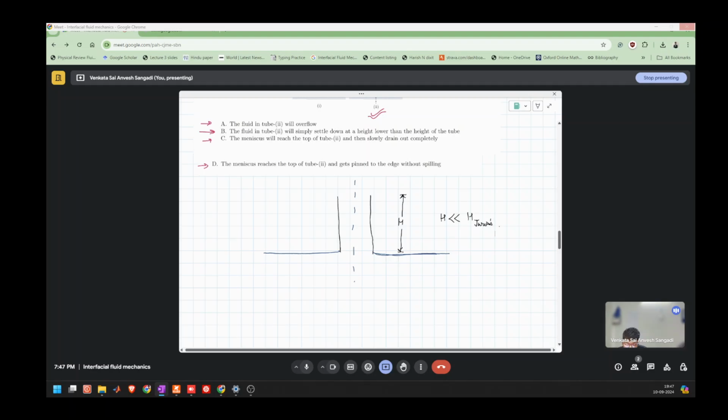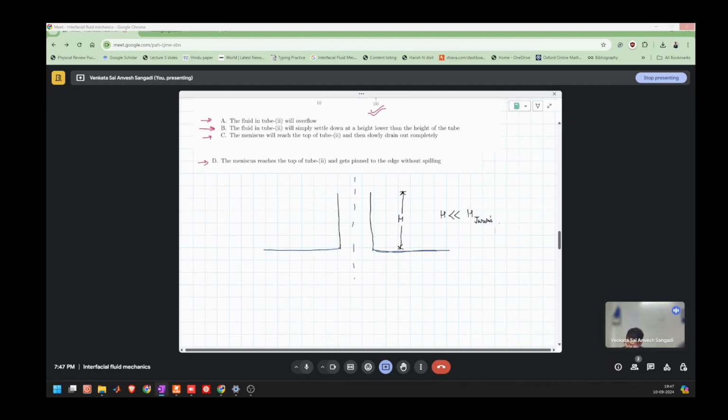Okay. This is a case where a capillary tube is dipped into a liquid bath, and the height to which the liquid can rise is less than the Jurin's height.